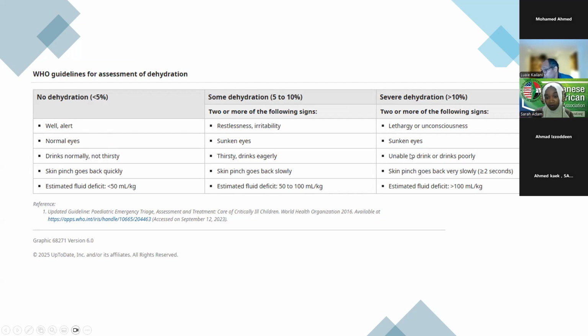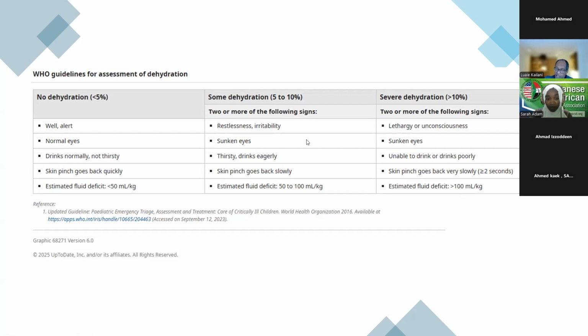Between some dehydration and severe dehydration, there is a little bit of overlap in sunken eyes and thirsty and all that kind of thing. But obviously, when the people get severe dehydration to the shock, when the estimated fluid deficit is more than 100 ml per kg, so you think about somebody who's 60 kg on average, 100 ml per kg is 6 liters. So this probably is equal to his blood volume. So these are serious.